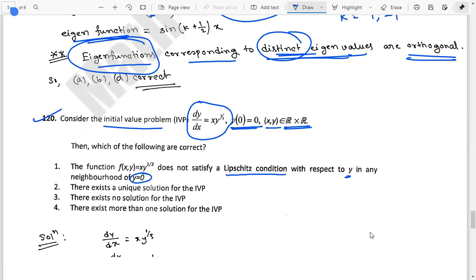So we have to find out the Lipschitz property in the neighborhood of y equals 0. Option 2, there exists a unique solution. Option 3, there exists no solution. Option 4, there exists more than one solution. If this function satisfies the Lipschitz condition, then it will have a unique solution. If it does not satisfy the Lipschitz condition, then it will have no solution or more than one solution.